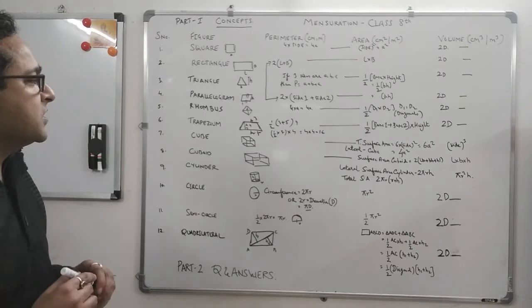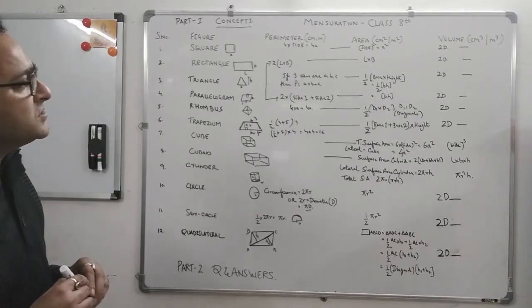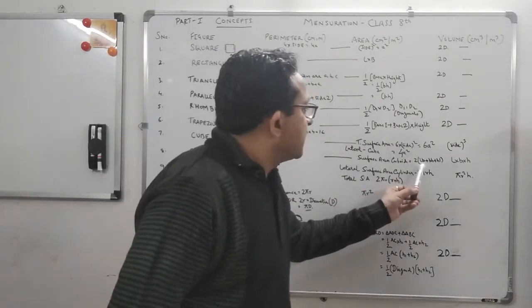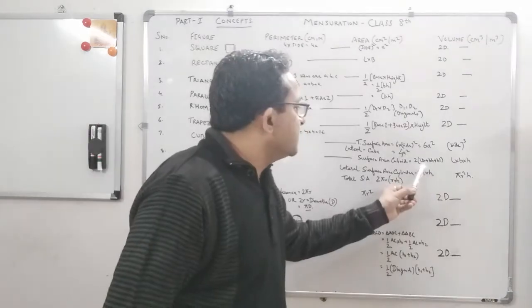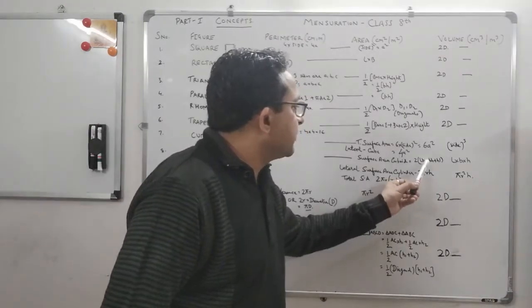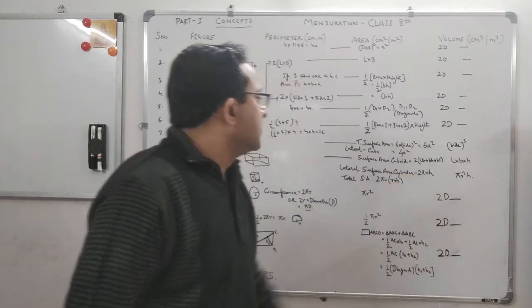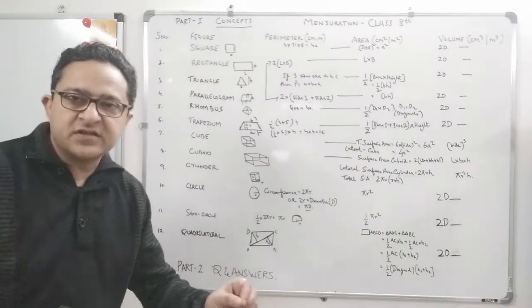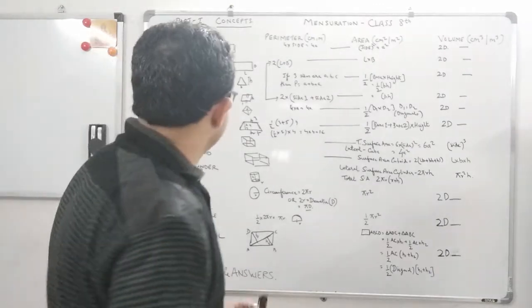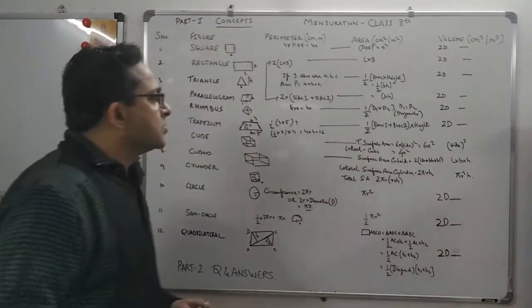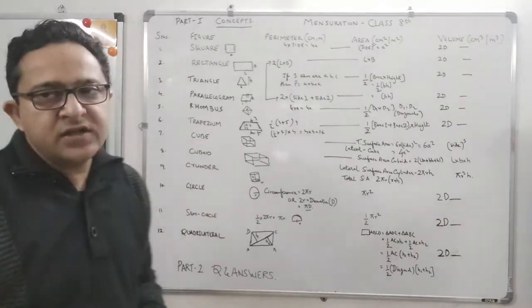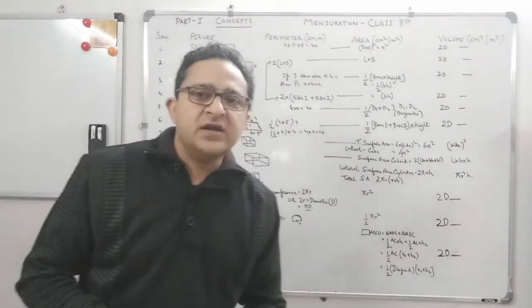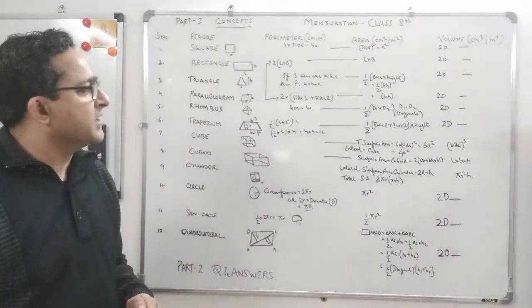For the cuboid, the surface area has 2 lengths, 2 breadths, and 2 heights. What is the surface area, or the total surface area? The total surface area for a cuboid is twice length into breadth, breadth into height, and height into length.